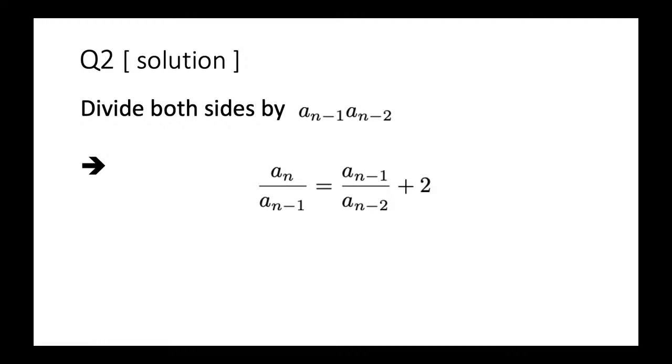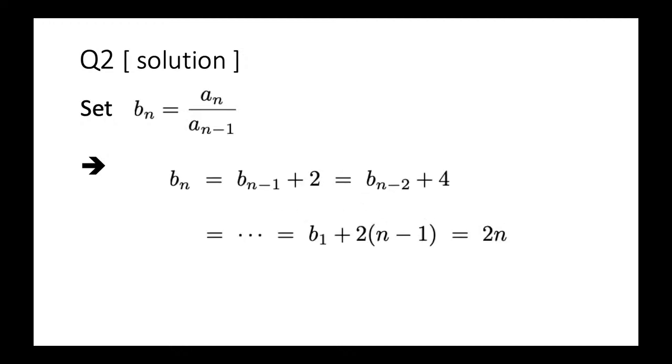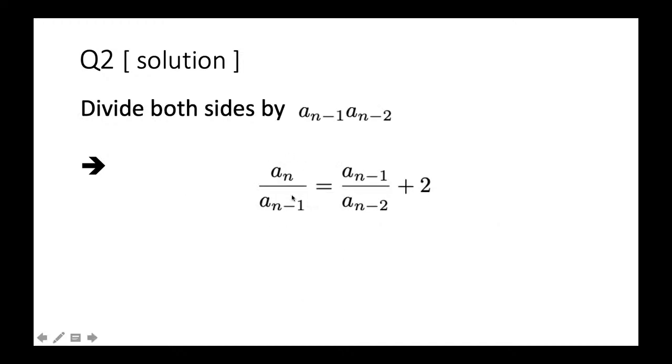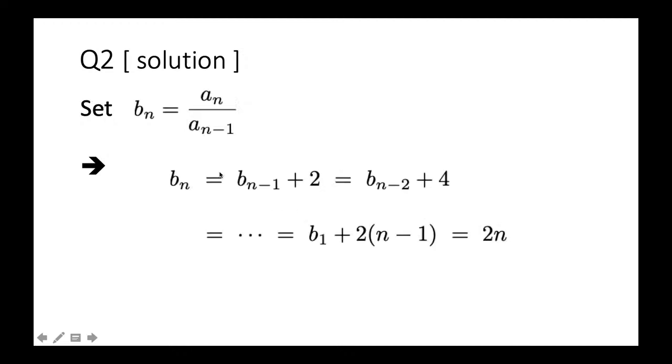And finally, the plus 2 an minus 1, an minus 2 term will now become just plus 2. And so if you look at this one, then it is really nice that we can try to set Bn to be an over an minus 1. So this is the Bn term here. This will be the Bn minus 1 term here. So we will have Bn is equal to Bn minus 1 plus 2.